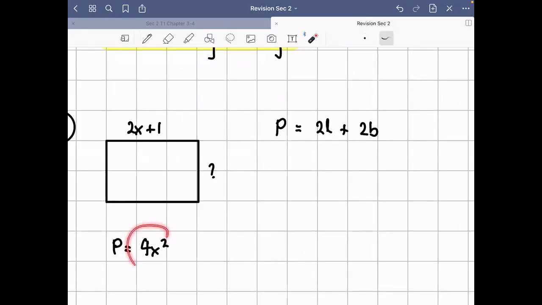Now we just need to substitute. If the perimeter is 4x squared, P becomes 4x squared, which equals 2 times the length, so 2 times 2x plus 1, plus 2b. Are you guys following?